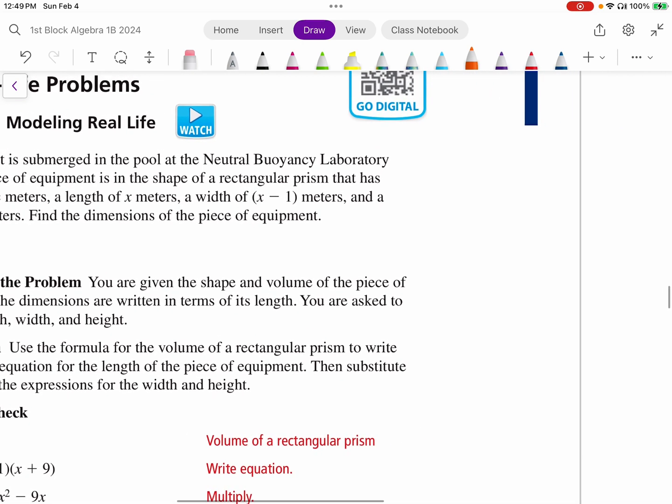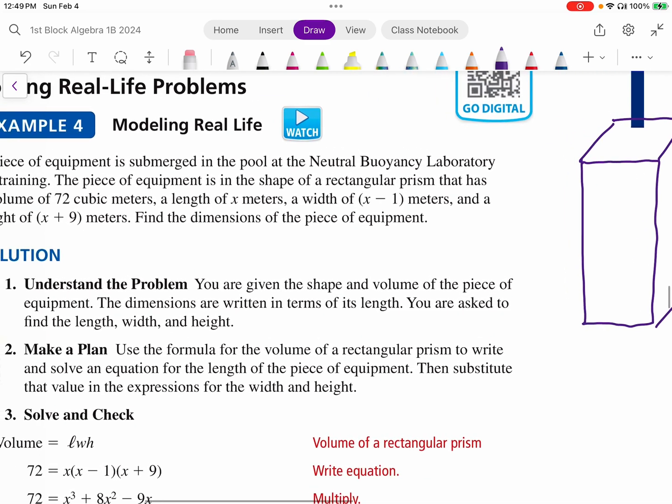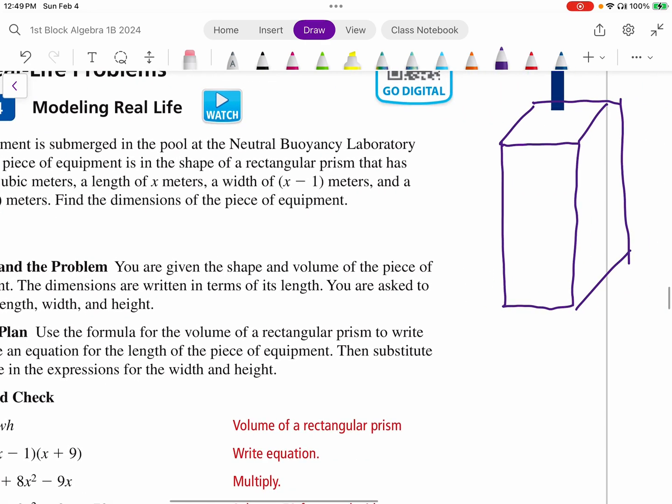Well, in first understanding, I know that I have a rectangular prism. I just used orange. Let's use something else. I'll use purple. I have a rectangular prism. If we sketch out this rectangular shape, it's going to look like that. Mine's a little crooked. It tells us that the volume of this equals 72 cubic meters.